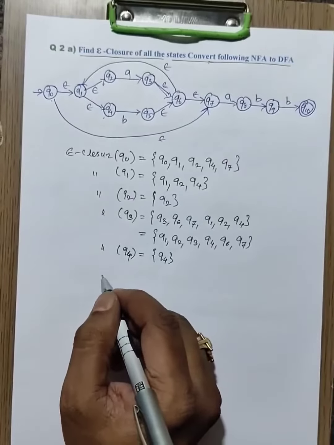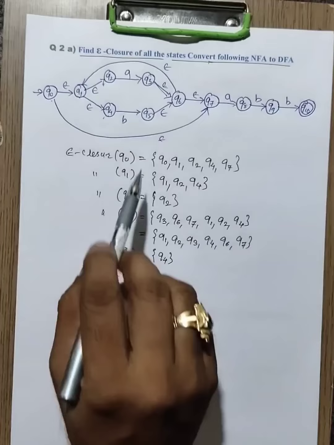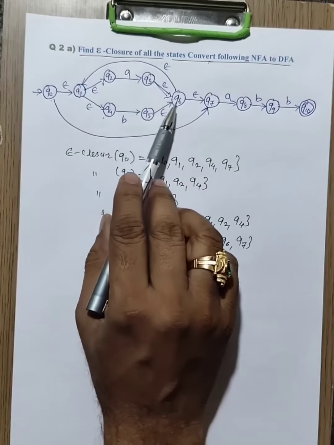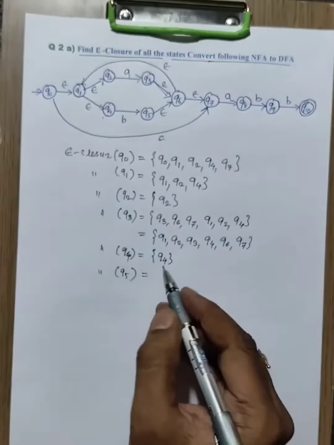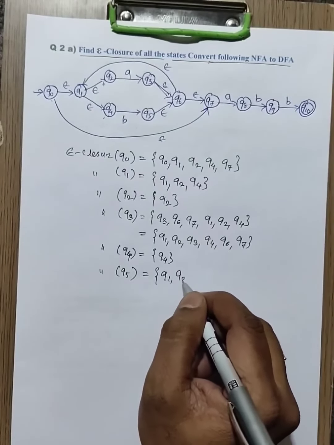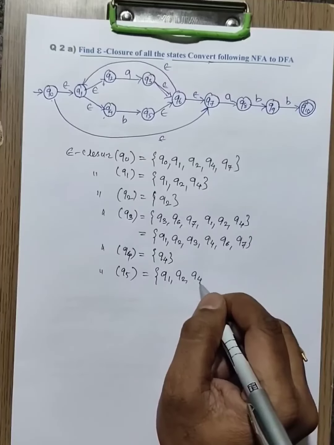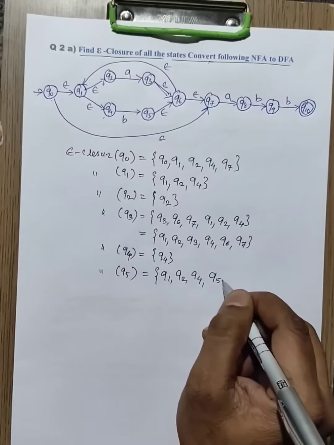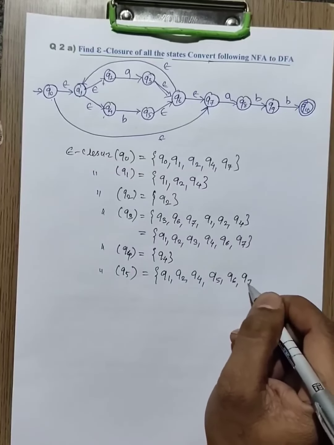Epsilon closure of Q5: Q5, Q6, Q7, then Q1, Q2, Q4. In ascending order: Q1, Q2, Q4, Q5, Q6, Q7.